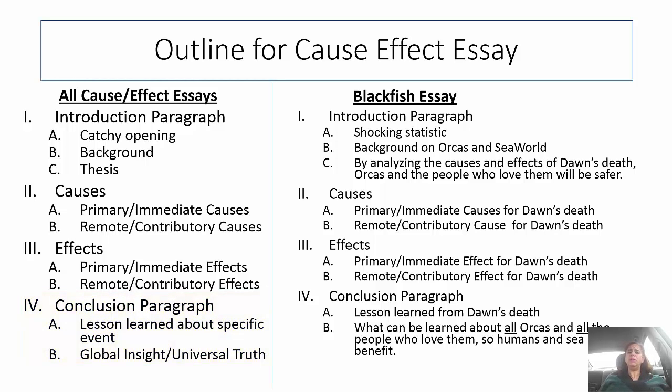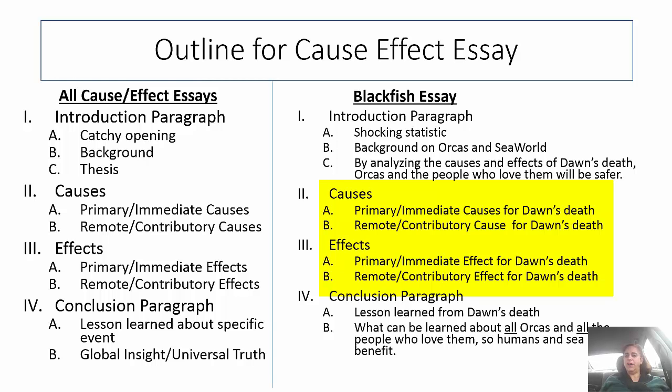When you're writing your Blackfish essay, we're going to specifically use a catchy opening that's a shocking statistic. Then you will have some background on orcas, SeaWorld, the events that Dawn experienced, and then your thesis statement. Here's a sample. By analyzing the causes and effects of Dawn's death, orcas and the people who love them will be safer. Then you'll look at all the causes that you wrote in your brainstorm and develop that into a paragraph.